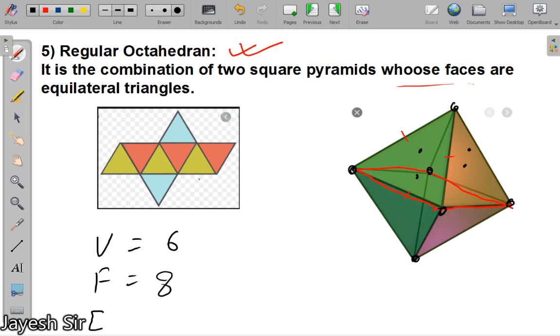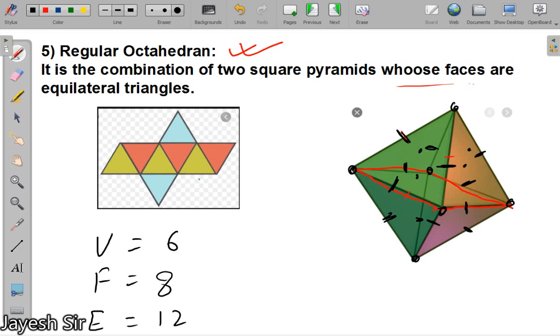And number of edges, 4 above and 4 below and 4 at the center, 12. चार तो ये हो गई, 1 2 3 4, चार ऊपर 1 2 3 4 and 4 below 1 2 3 and 4. Okay, so in this manner you have a regular octahedron.